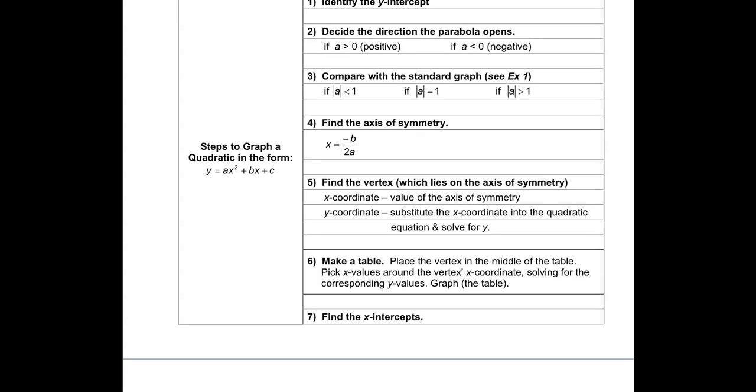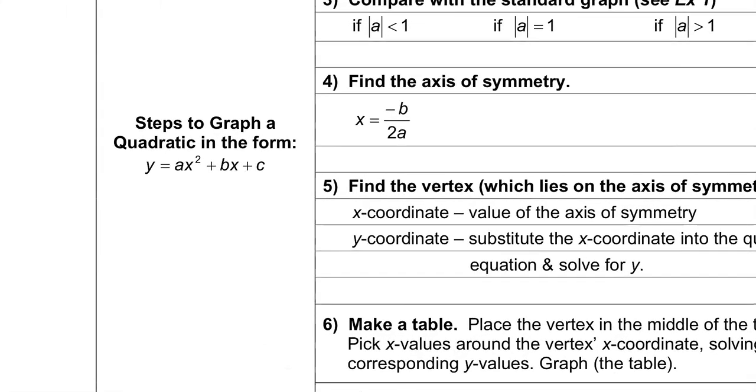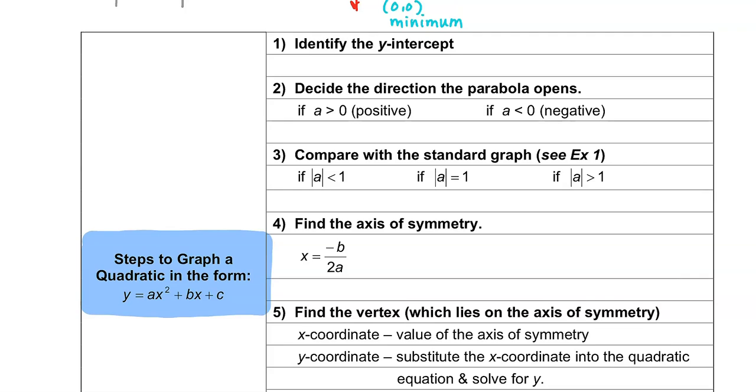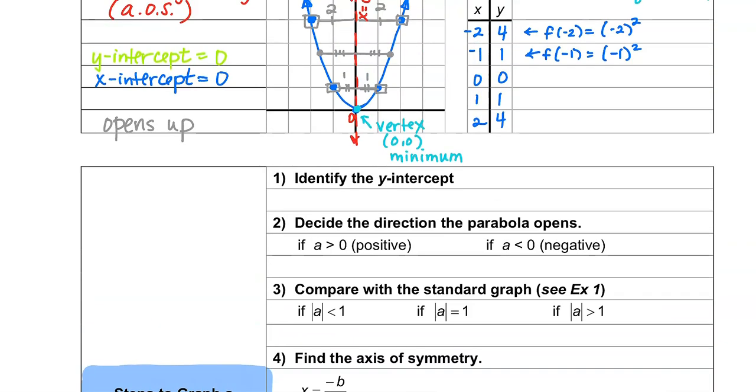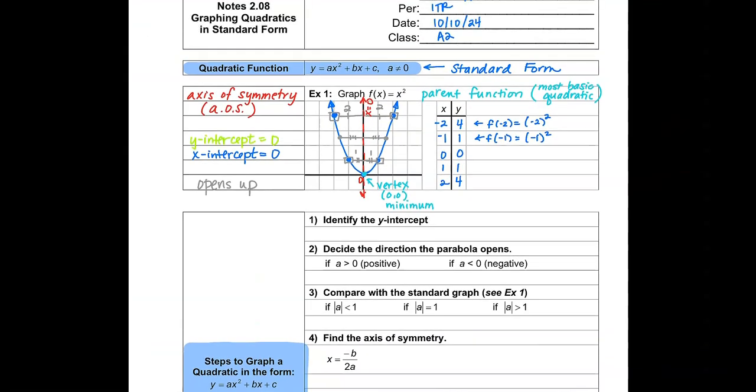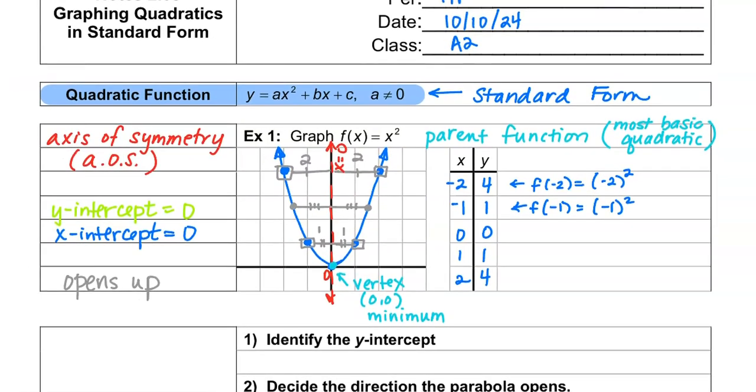So the next thing we're going to do is come over here and do the steps to graphing a quadratic in standard form. So I'm going to come back over here. The first step is to identify the y-intercept.